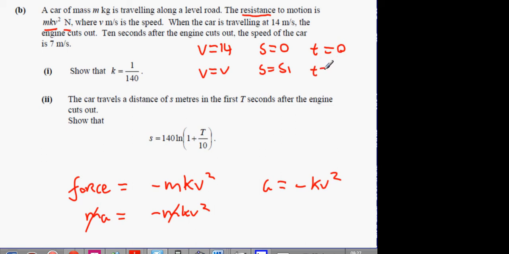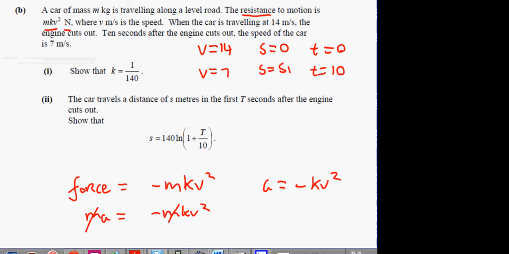Now put the second v as 7. Oh sorry, yes, 7. v is 7. t equals 0, and by the end of it, t equals 10.